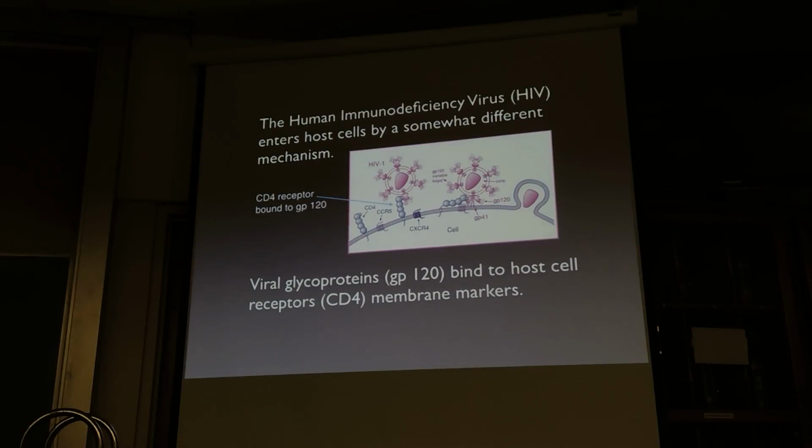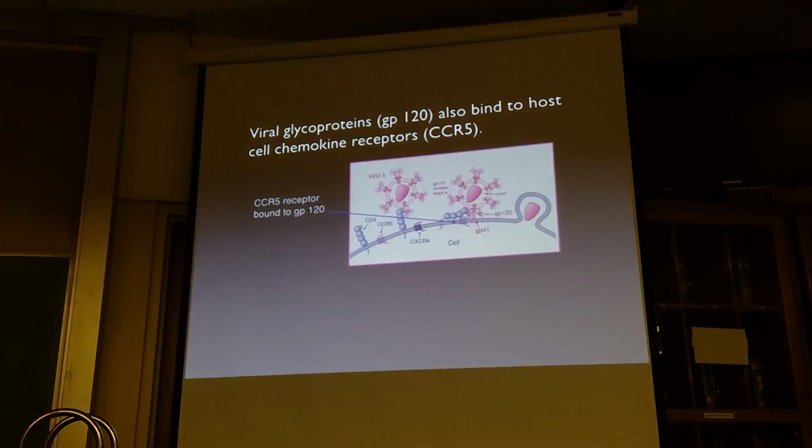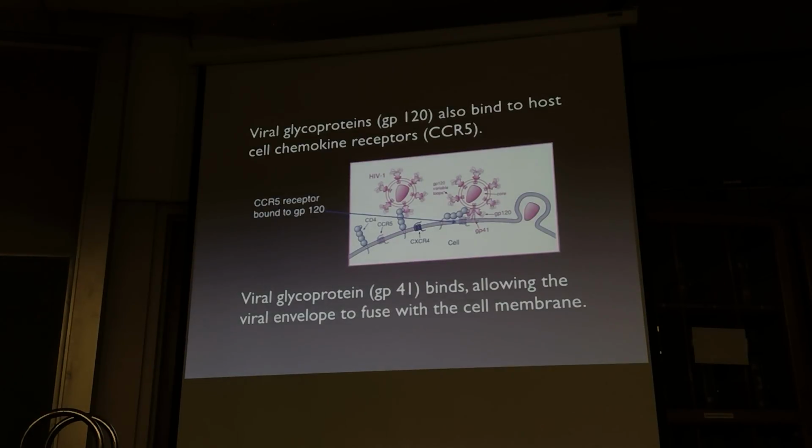So again, the viral glycoproteins are GP120 and 41. They're binding to the CD4 receptor and the CCR5. These are details that were determined about how HIV gets into a cell after quite a lot of study.